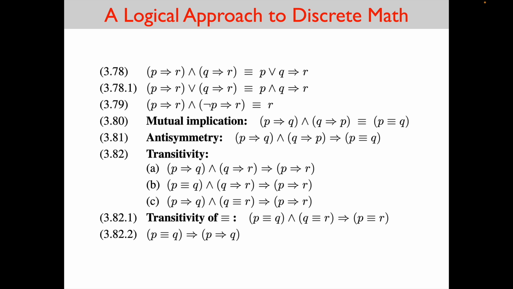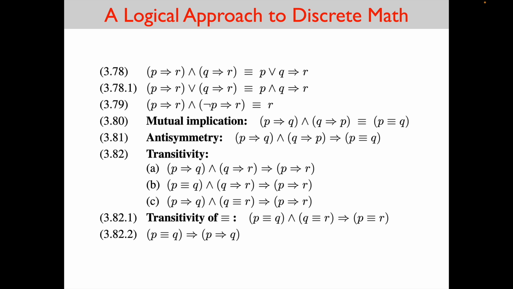All right. And then transitivity. We have transitivity with implies. 3.82a has P implies Q as the first conjunct of the antecedent, and then Q implies R as the second conjunct of the antecedent, and that implies that P implies R. And for parts B and C, it works the same way as part A does when you replace either one of those implications in the antecedent with an equivals.